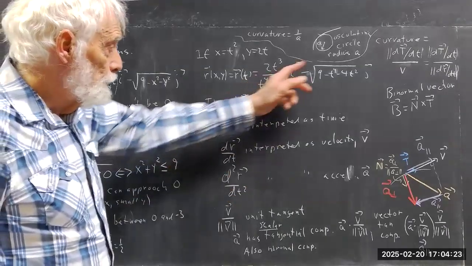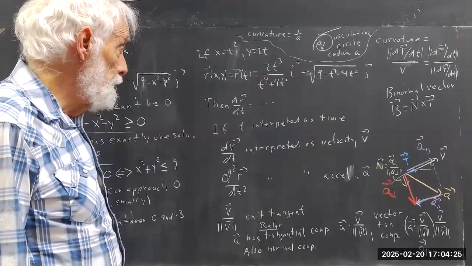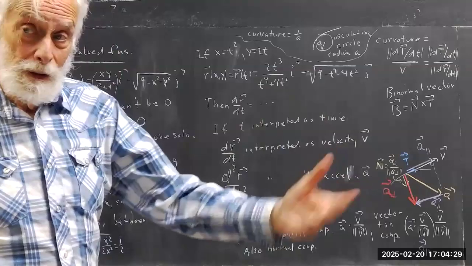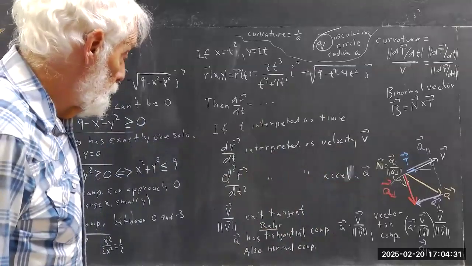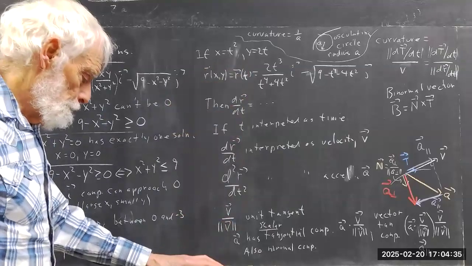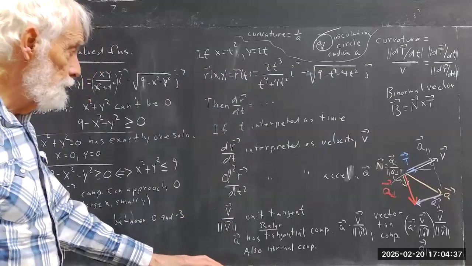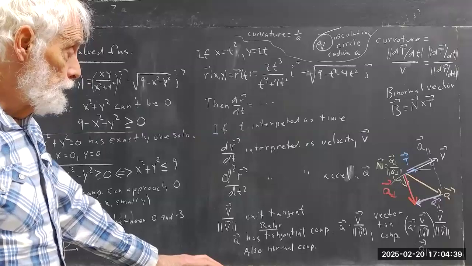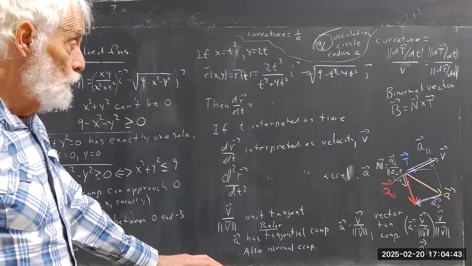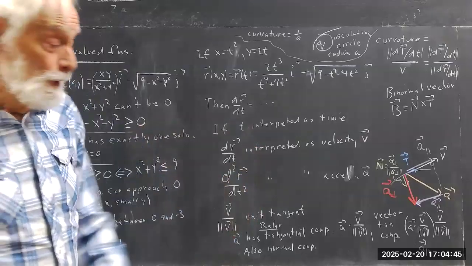And if you want to take the second derivative of this function with respect to t, it's going to get pretty messy. Again, it would be good for you to do that derivative if you have time and want to stretch yourself a little bit, because most people coming out of first year calculus aren't as adept with derivatives as they will be when they get out of this course.